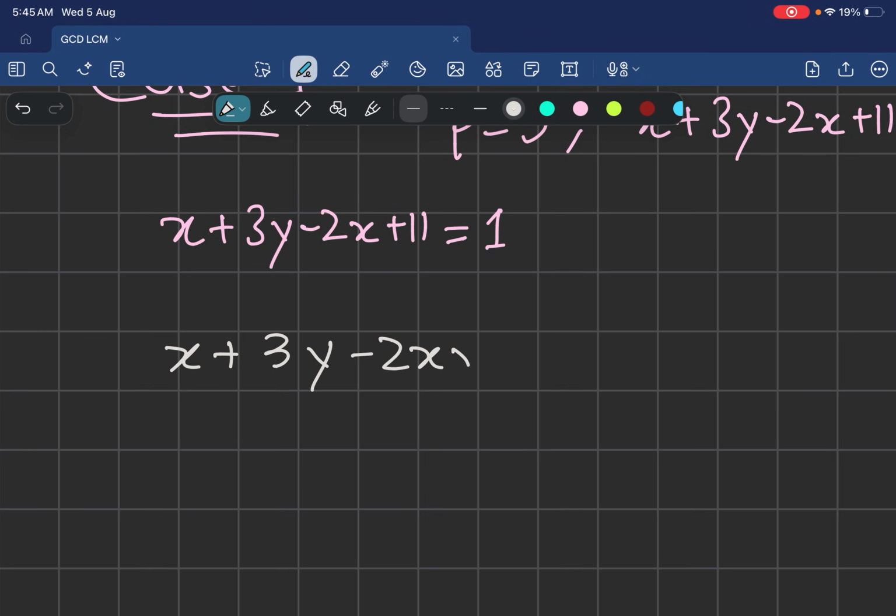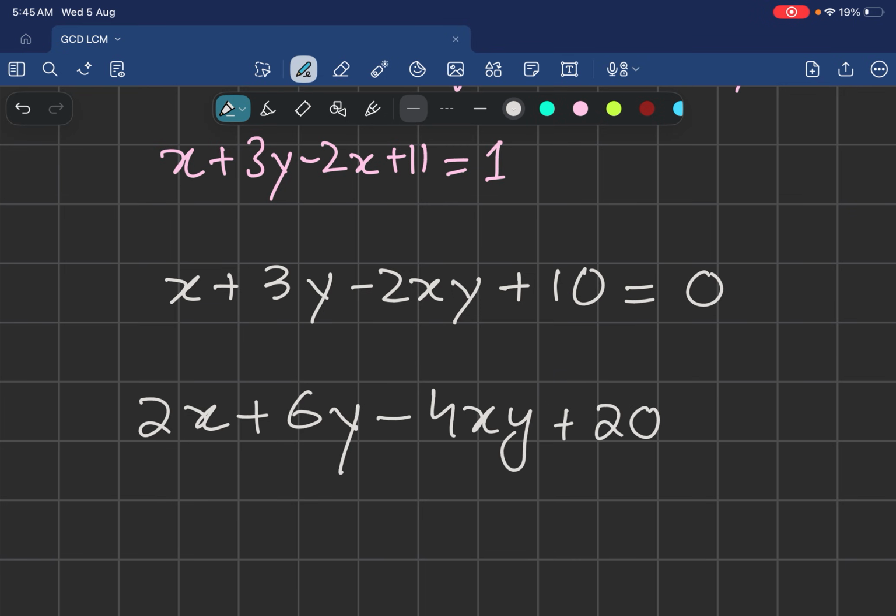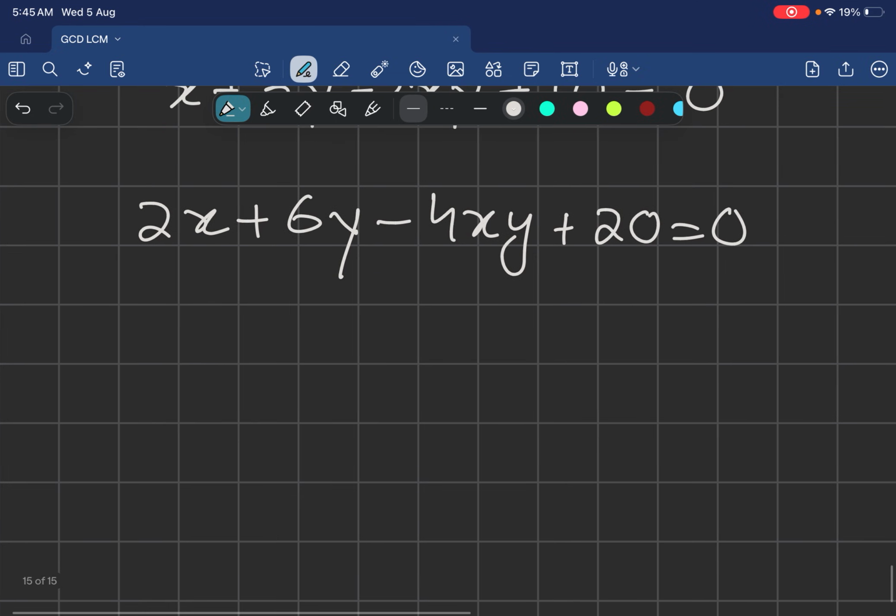I can write it as x plus 3y minus 2xy plus 10, and this would equal 0. Now I can multiply with 2 and try to factor it out, see where you get. So multiplying by 2: 2x plus 6y minus 4xy plus 20 is equal to 0.